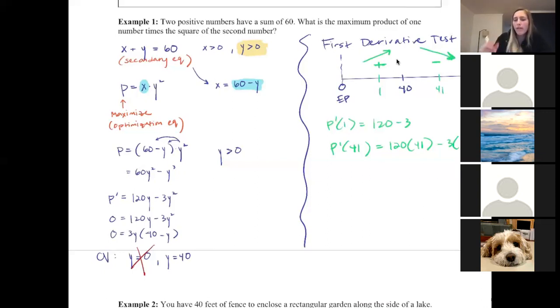So since the graph goes from increasing to decreasing at the critical value of 40, and we have the constraint that our product equation, our optimization equation is defined for just y strictly greater than 0, that means on the interval from 0 to positive infinity, the graph will go from increasing to decreasing at one point.